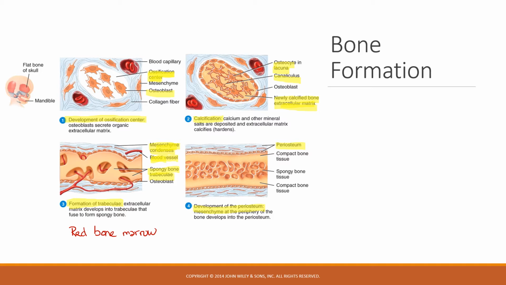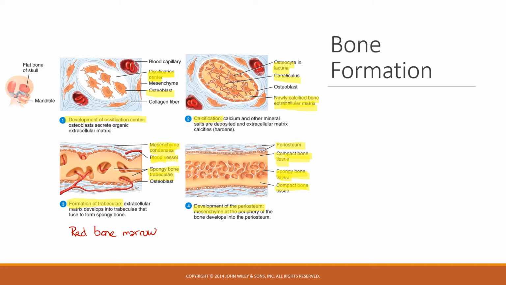Eventually, a thin layer of compact bone will replace the surface layers of spongy bone. You can see here this compact bone, and the spongy bone still remains in the center. So you have compact bone on either side, spongy bone in the center, and periosteum just outside of the compact bone.